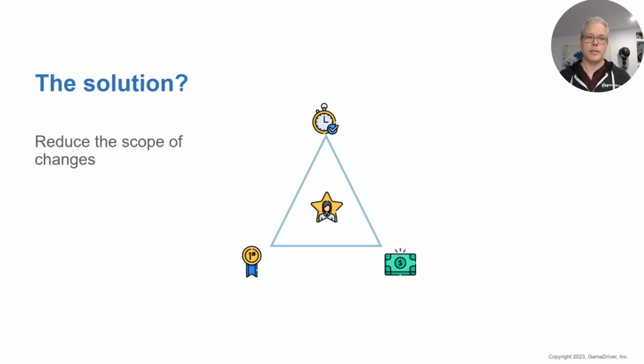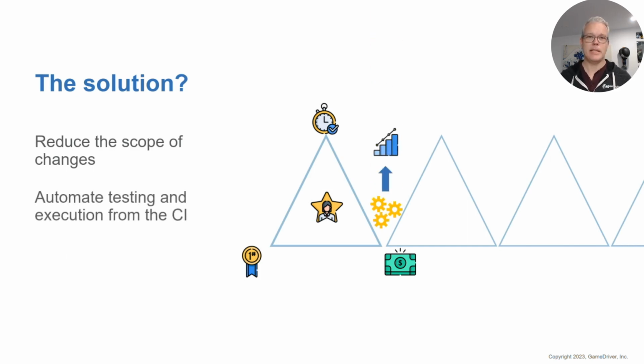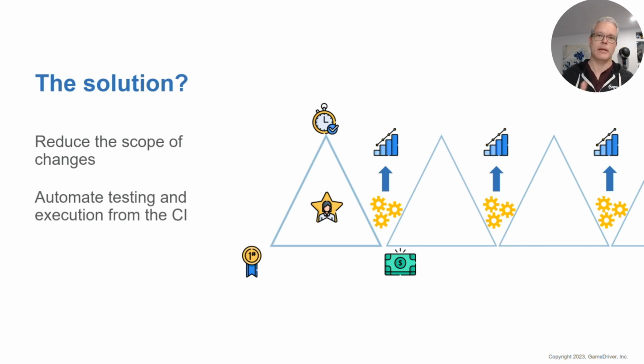The answer is to reduce the scope of changes into a much more manageable amount of features and changes for each and every release. Next, we need to automate testing and the execution of those tests from the CI so that developers get immediate feedback rather than waiting one or two release cycles, which causes a context switch and can prevent developers from being most effective.